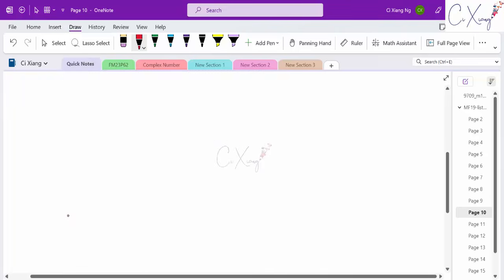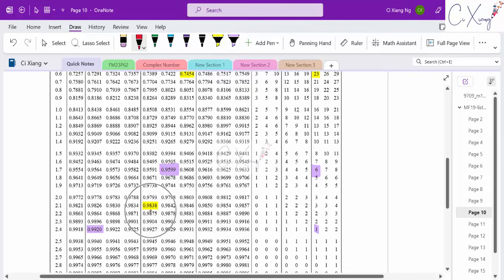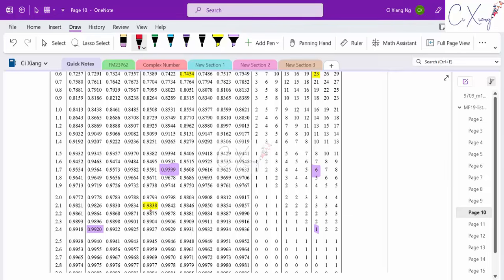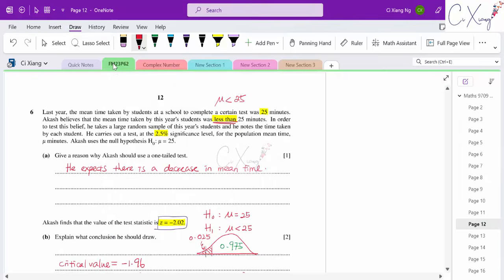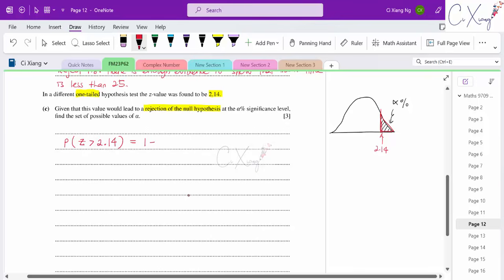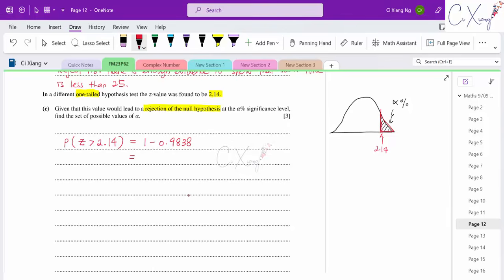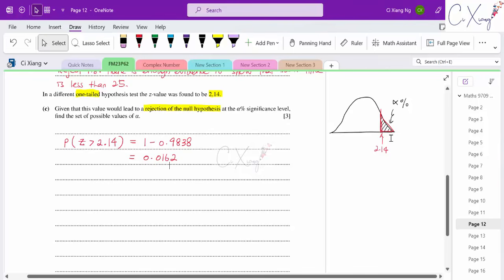So I'm looking for 2.1 and then 4. You can see that this is the highlighted value, 0.9838. So it will be 1 minus 0.9838, and I actually get 0.0162. So that means the small area here is 0.0162.